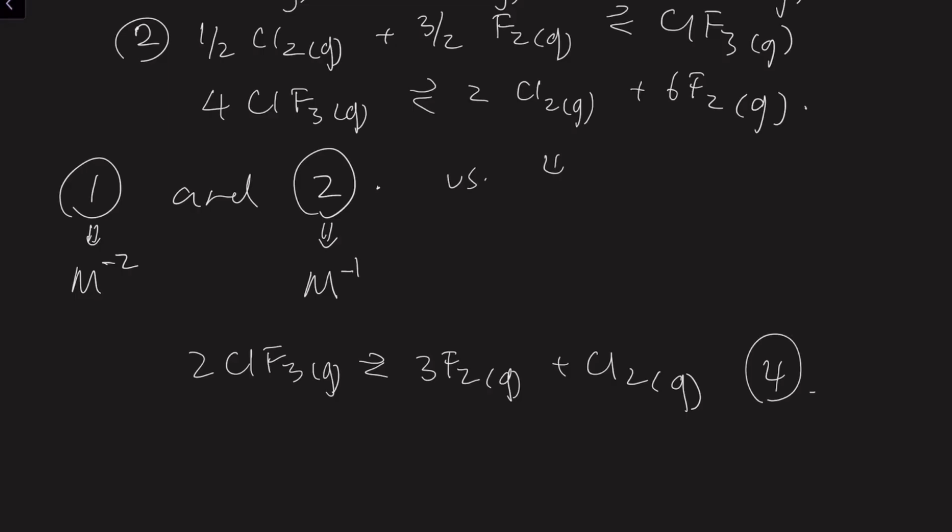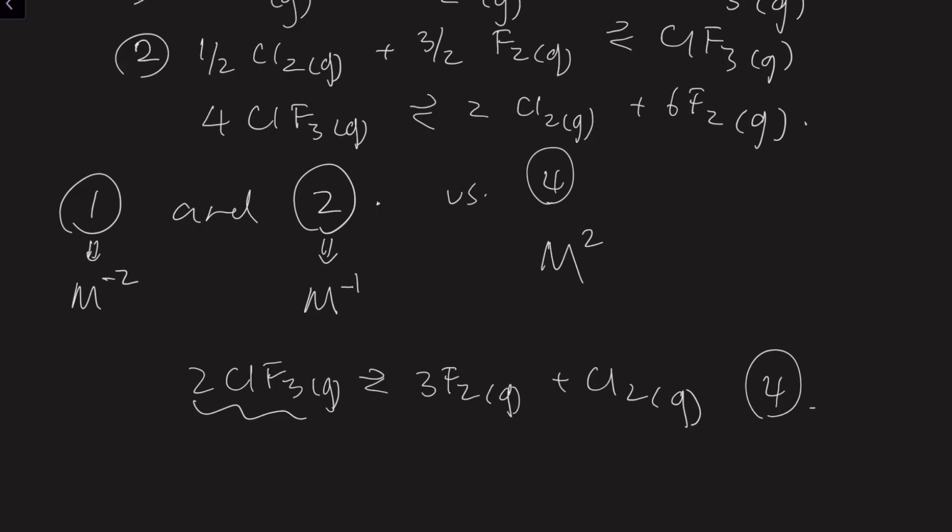We look at equation 4 as well. So the unit is 3 plus 1 minus 2, so M squared. So when you are reversing the reaction, making the products reactants and the reactants products, flip the sign. Whenever you have negative 2, you become positive 2. Whenever you have positive 2, you get negative 2.